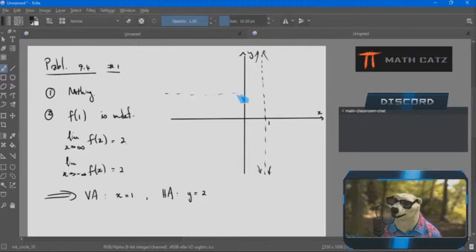Let's put 2 maybe a little higher. I don't know what's coming up. They don't really give me y values, so I seem to be free to choose them. So that's at 2. I don't know how it approaches that line, but I know it's on both sides. Both limits have a value of 2.